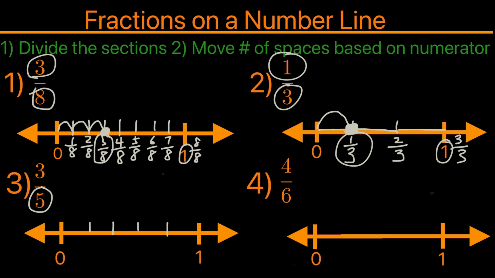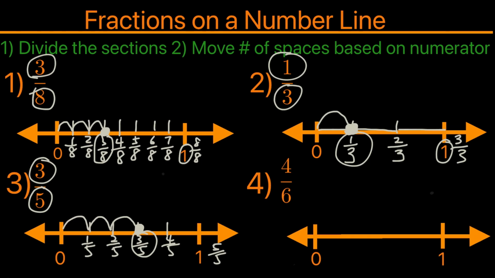The first line would be 1/5, the second line would be 2/5, and then 3/5, 4/5, and the 1 is 5/5. And so looking at the numerator, 3, we would go 3 spaces, and that would be exactly 3/5 here, and that's where we will plot the dot.